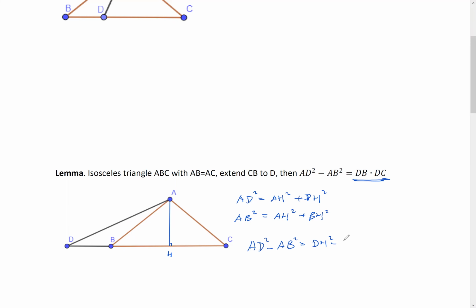DH squared minus BH squared. That is DH minus BH times DH plus BH. DH minus this, that is DB, right? Times DH plus BH. But remember, this BH component equals CH, right? So DH plus CH, which is then DC.